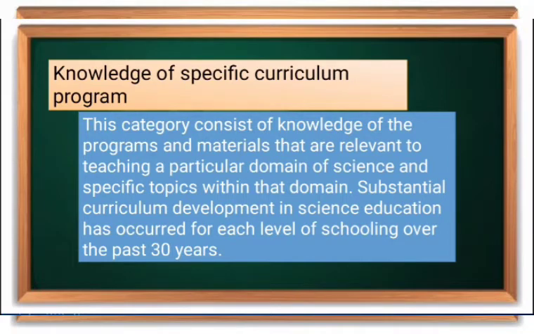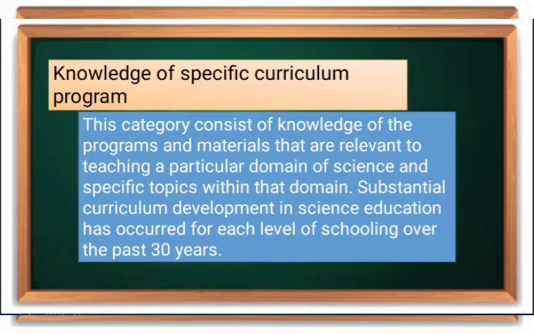As a result, there are typically several programs at each grade level and for each subject area about which teachers should be knowledgeable. For example, a chemistry teacher might be expected to be knowledgeable about curricula for teaching chemistry, including programs such as Chem Study and CBA, or the Chemical Bond Approach, which were developed in the 1960s.